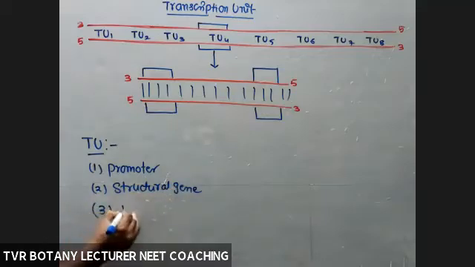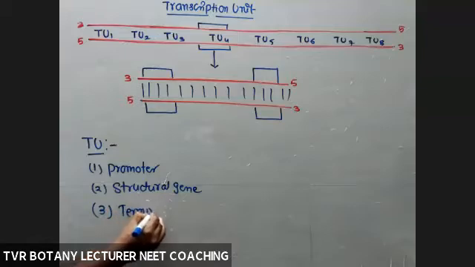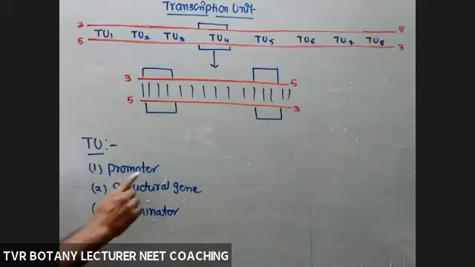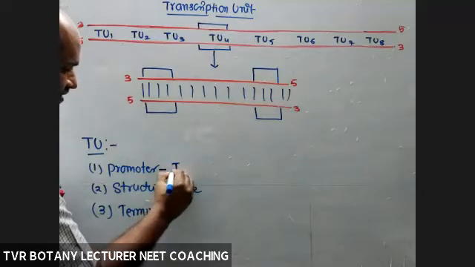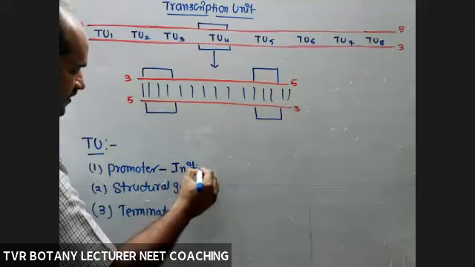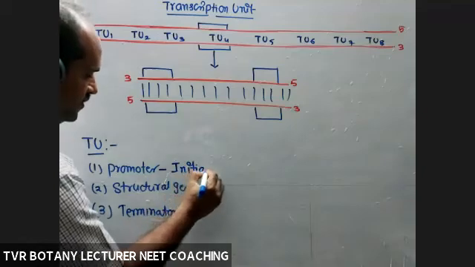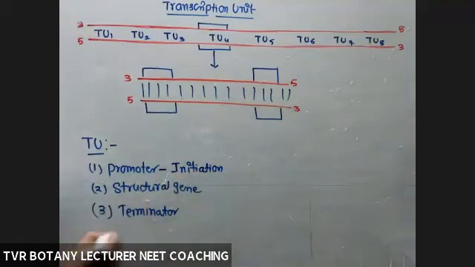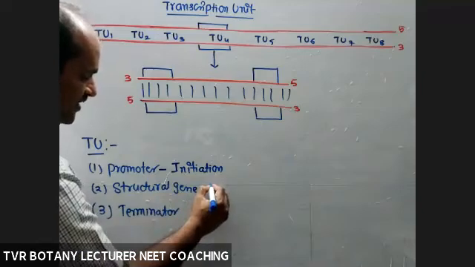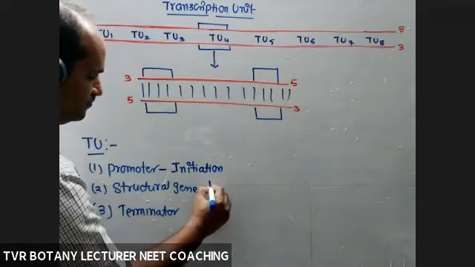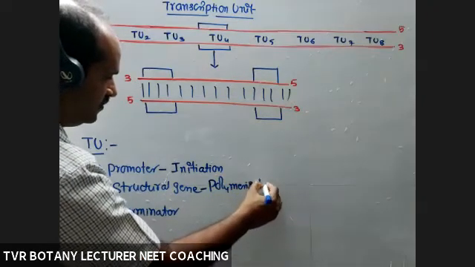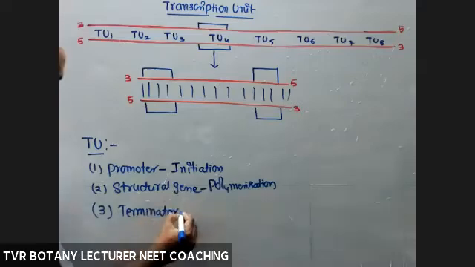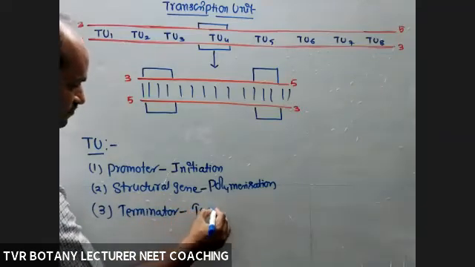Third one, terminator. At the time of transcription, the promoter is able to initiate, so it is concerned with initiation of transcription. Next, the structural gene is for polymerization or chain elongation. This one is concerned with termination.